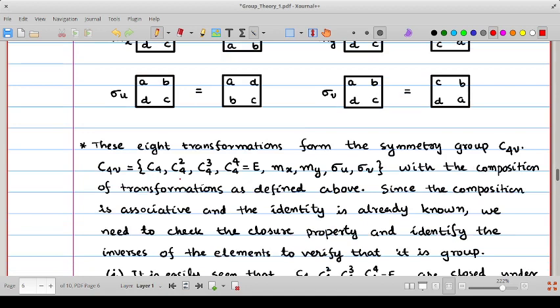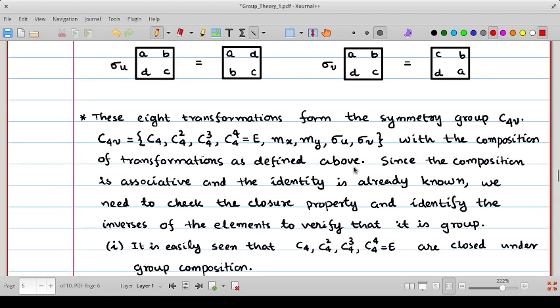Enumerating them, we have C4, C4 square, C4 cube, C4 to the power 4, which is the identity, then mx, my, sigma u, and sigma v. Now we can consider the composition of these operations, and we should verify that it is closed.